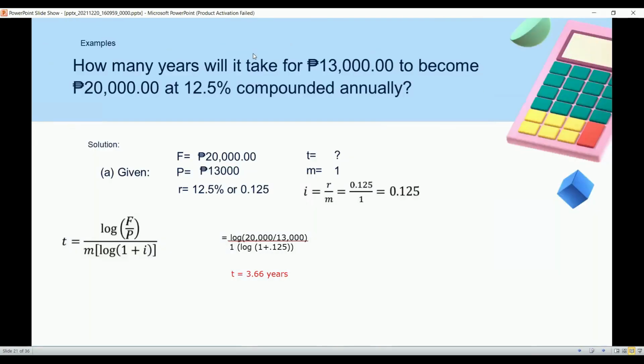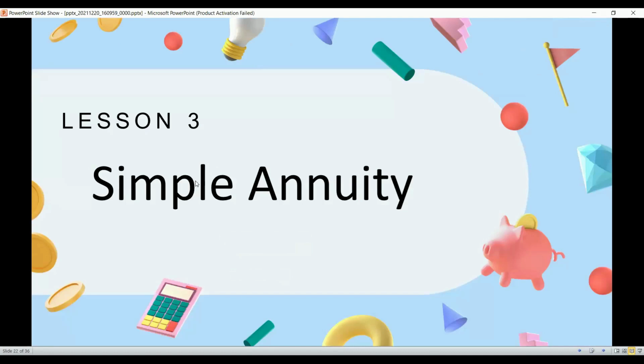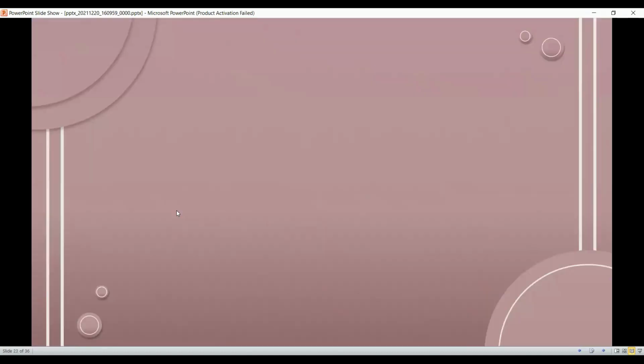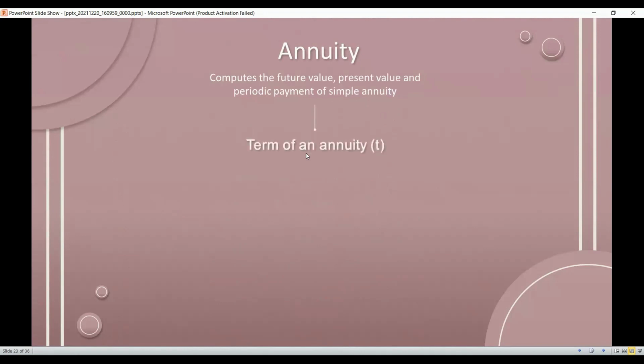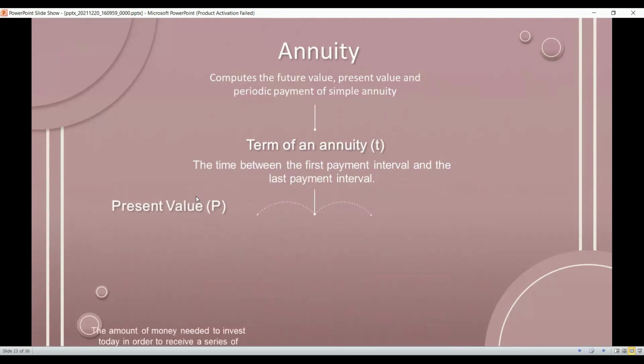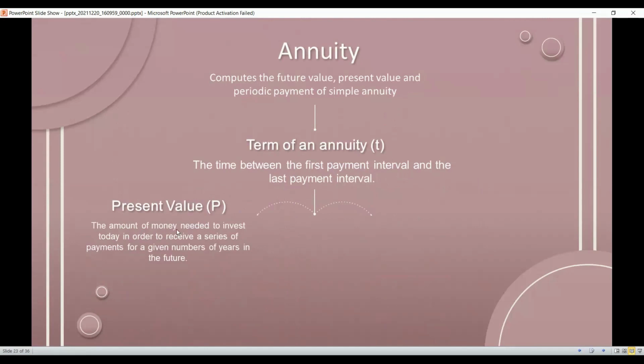Next, we have simple annuity. Annuity computes the future value, present value, and periodic payment of a simple annuity. In an annuity, we have the term of an annuity: the time between the first payment interval and the last payment interval. The first payment interval is called the present value P, the amount of money needed to invest today in order to receive a series of payments for a given number of years in the future.